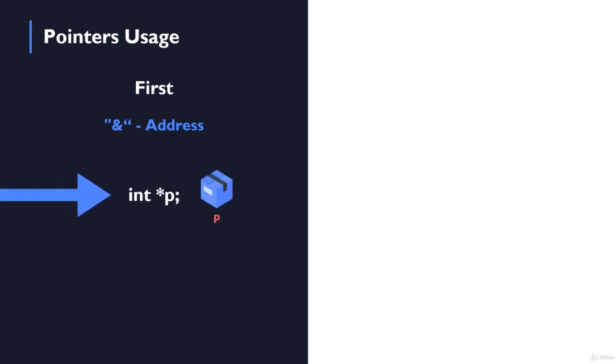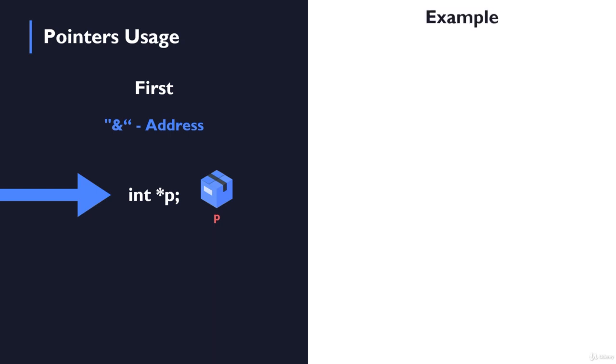We created p as a pointer to an integer variable. Thus we expect that in the future, when we make some assignment, it will have the address of some other variable, for example a, b, num, whatever we had previously. It will have the address where it should point to. So remember this ampersand and remember the declaration statement.